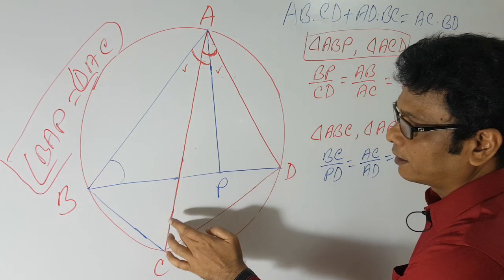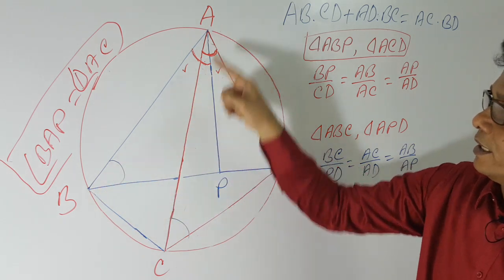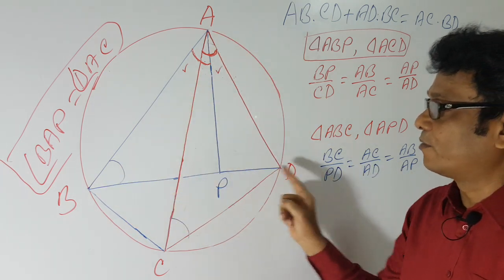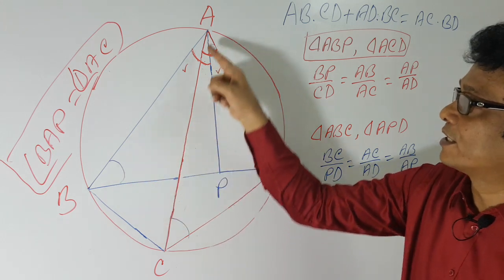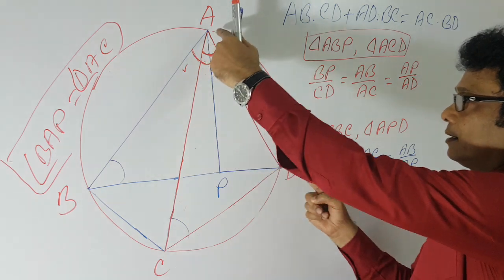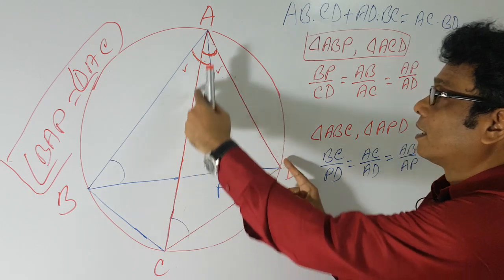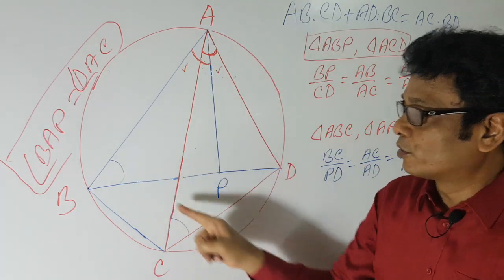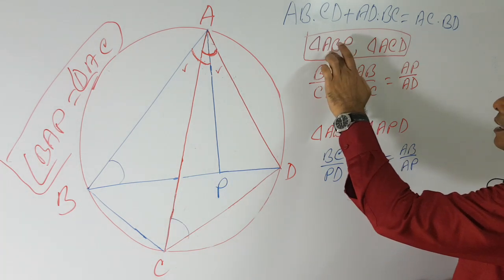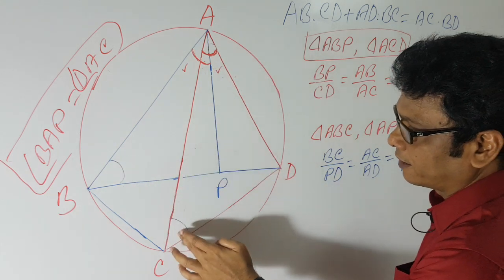They are equal because this angle, side BA, side BD, extended part BD, stands on arc AD. This angle also stands on arc AD. So they stand on the same arc. So they are equal.